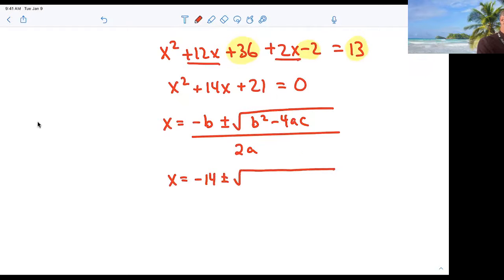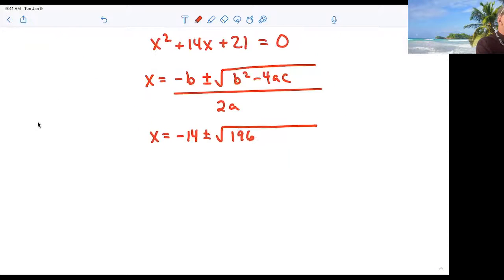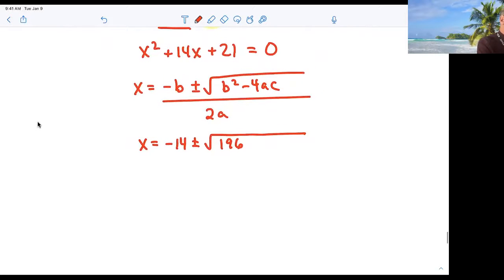Does anybody know what 14 squared is? Yeah, 196. Minus 4. What's a? What's c? All over 2.